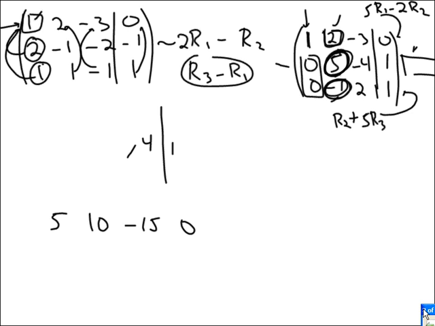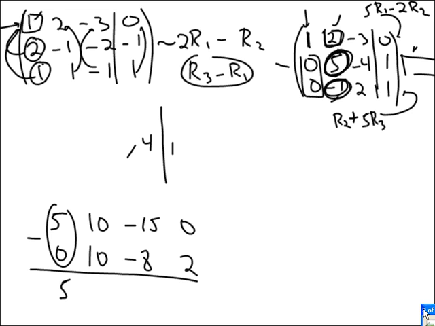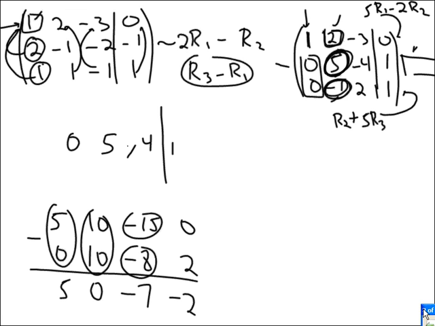And I take away 2 row 2's. 2 times 0, 2 times 5, 2 times negative 4, 2 times 1. And I subtract. 5 minus 0 is 5. 10 minus 10 is 0. It's friendly to do subtraction in those two. Negative 15 minus a negative 8 is negative 7. 0 minus 2 is negative 2. And I don't know why this didn't come out earlier.